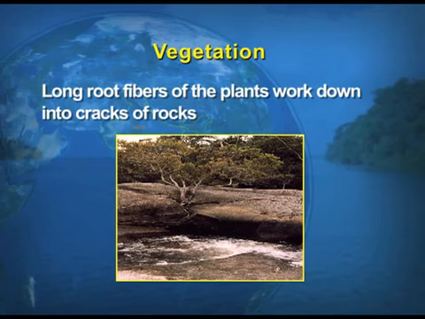The long root fibers of the plants work down into the cracks of the rocks. In this visual, as you can see, there is an unwanted plant by the side of the rock, which has helped in the disintegration of the rock. So, this is how vegetation results in the disintegration of rocks.